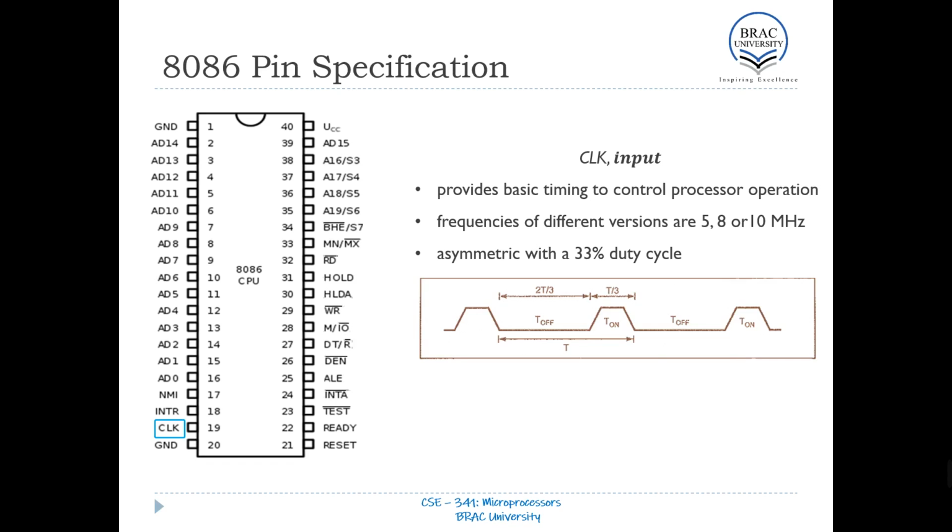The frequency of the clock impulse can be of different values, that is 5, 8 or 10 megahertz depending on the version of 8086 you're using. The duty cycle of 8086 is 33%, meaning it is on for 33% of the time and off for approximately 67% of the time.